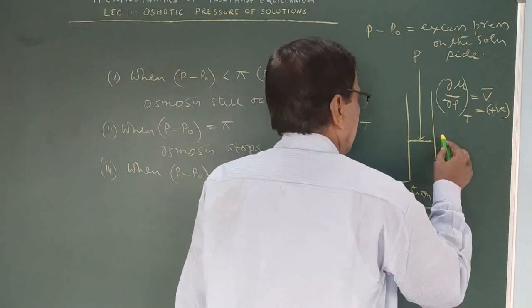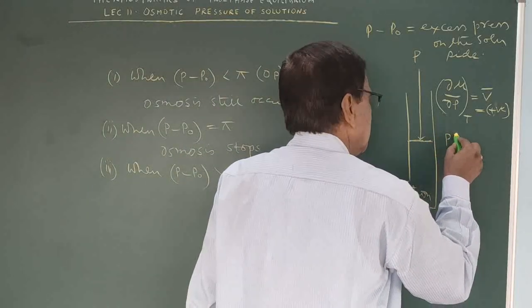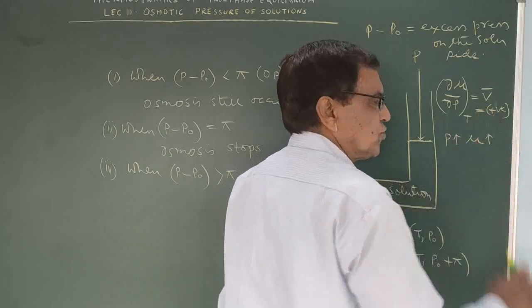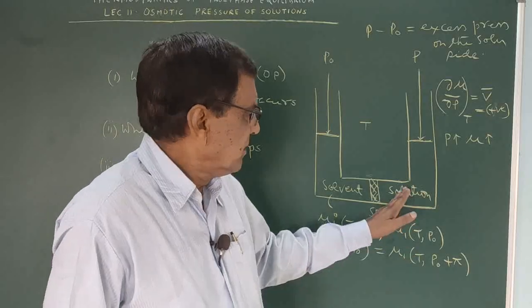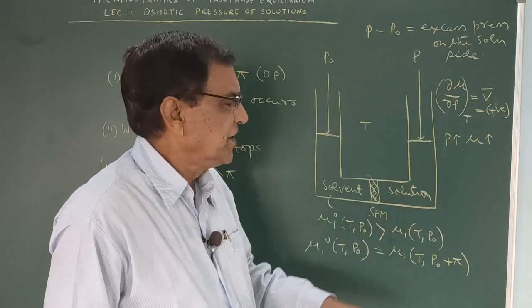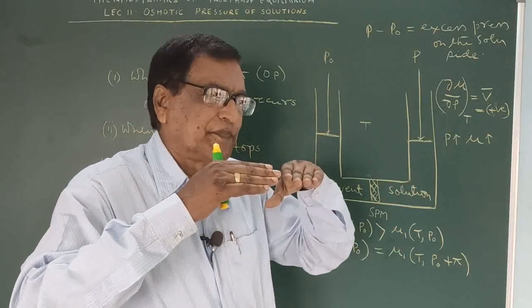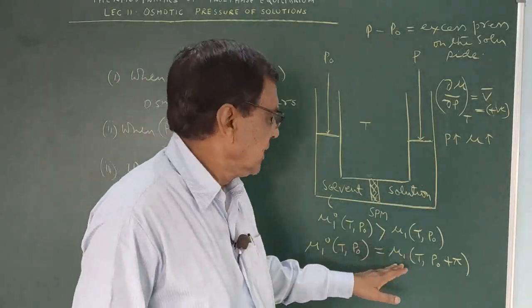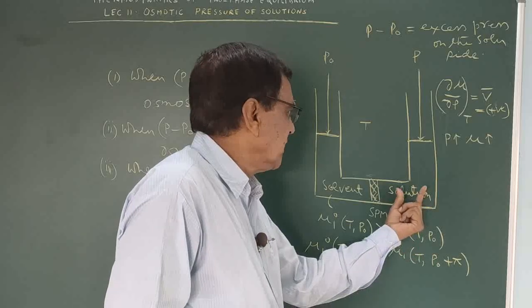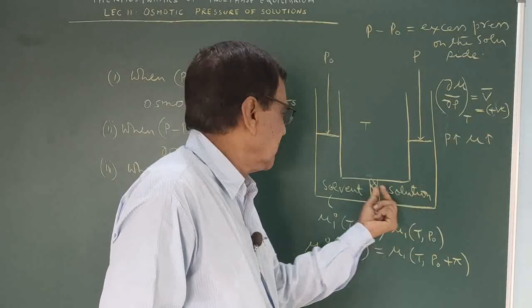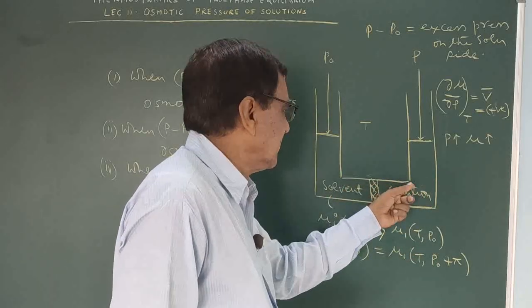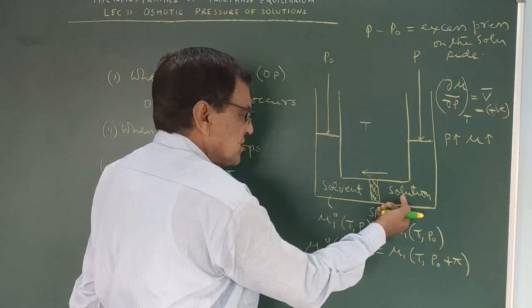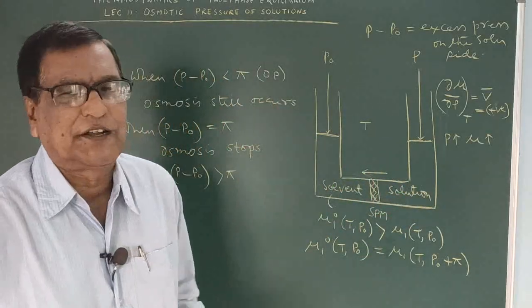It means that whenever the pressure is increased, the chemical potential is also increased. Whenever the pressure on the solution side is kept greater than the osmotic pressure, the chemical potential of this side is higher, and the solvent will move from the solution side to the solvent side.